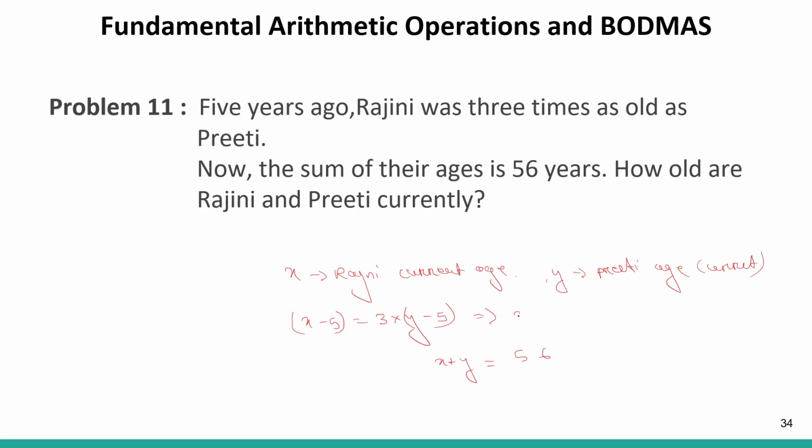So this implies that X is equal to 3Y minus 15 plus 5, which is 3Y minus 10. So X plus Y is equal to 56. This implies that 3Y minus 10 plus Y is equal to 56. So 4Y is equal to 66. Okay. So Y is equal to 33 by 2, that is 16.5.